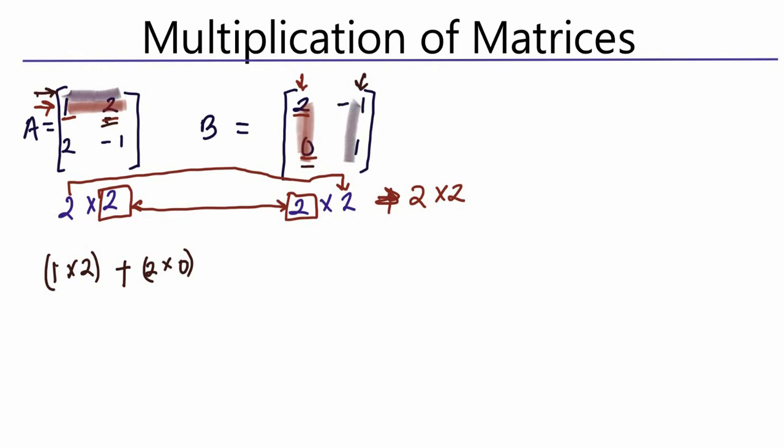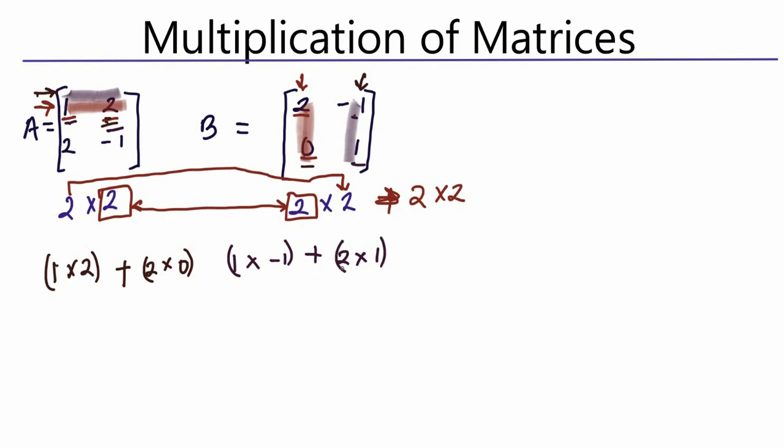And in this case, we are going to have 1, we multiply it by minus 1, so we'll have 1 times minus 1. Then we are adding this to 2, we multiply it by 1, so we have 2 multiply by 1.